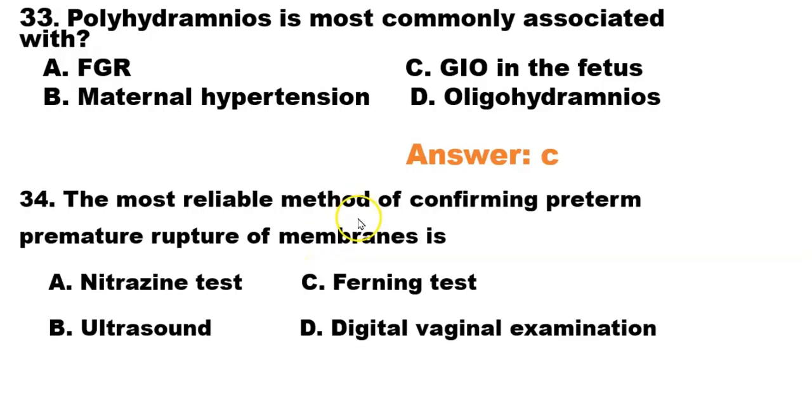The next question: the most reliable method of confirming preterm premature rupture of membrane is A. nitrazine test, B. ultrasound, C. ferning test, D. digital vaginal examination. Please try to get the answer within 5 seconds.